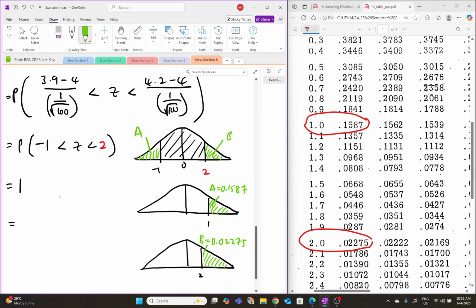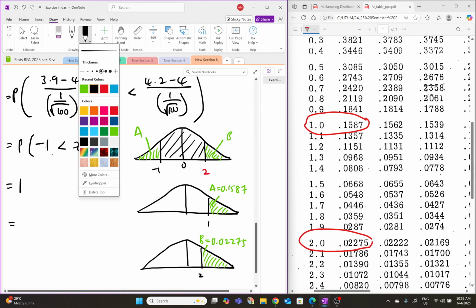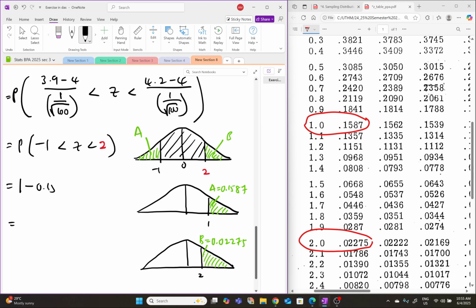So we get A and B. Now you minus 0.02275.